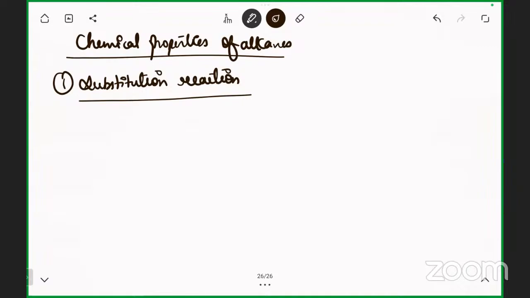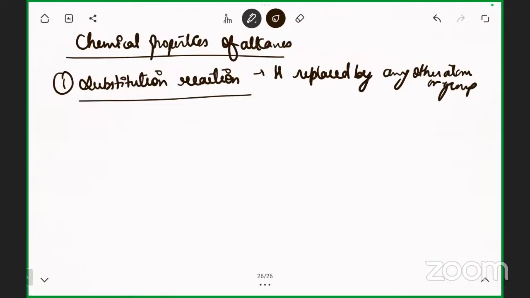Okay, guys are not revising your past things. So substitution reaction is a reaction in which a hydrogen atom of any hydrocarbon is replaced by any other atom or group. That is called a substitution reaction.